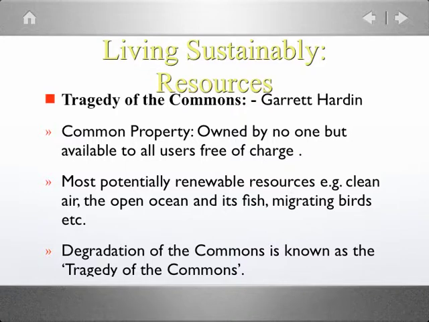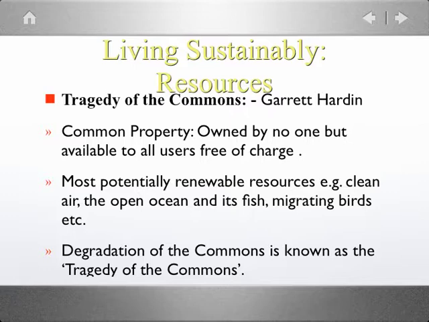So another consideration that we have in terms of living sustainably is the tragedy of the commons, right? This is one of the consequences of environmental degradation. To think about tragedy of the commons, we have to first establish common property.